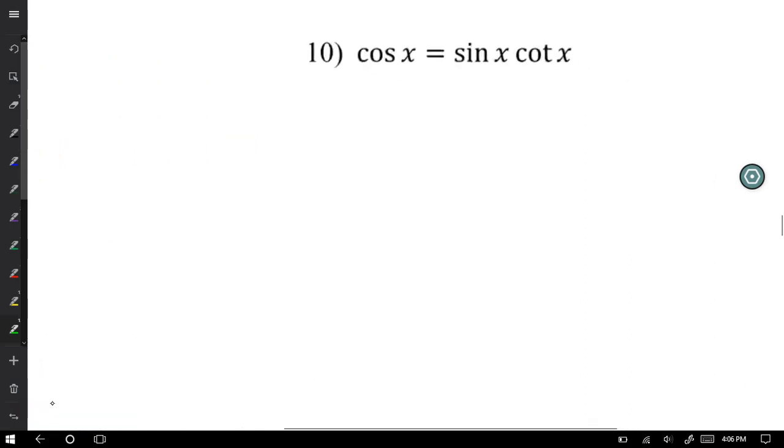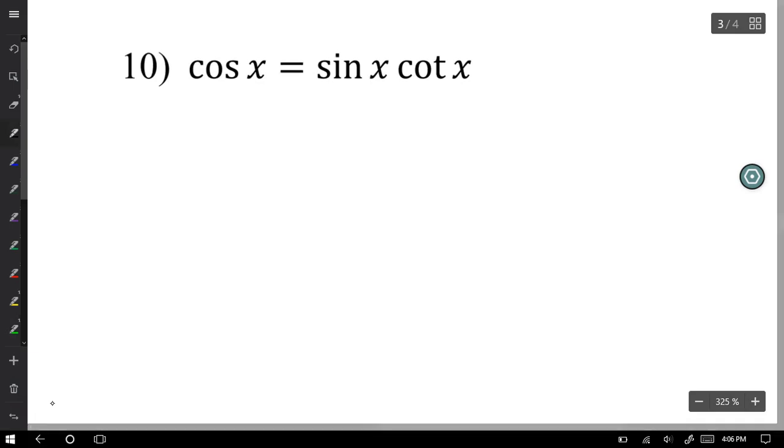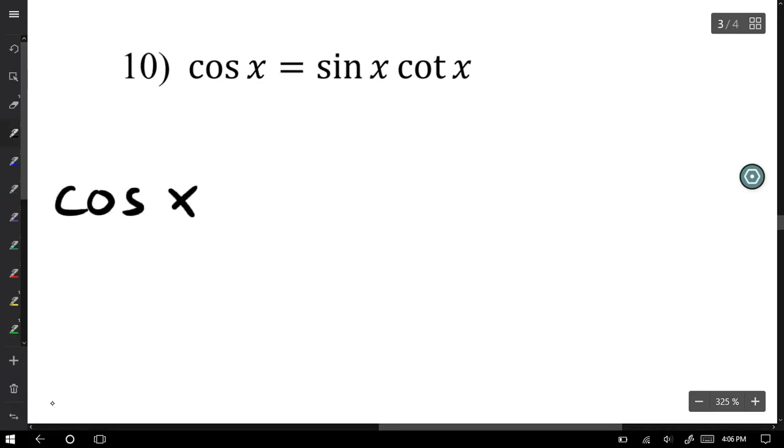Number 10. Hopefully you recognize, keep the left side because it's cosine of x, which again tells me I want cosines, but the fact that this is a cotangent should bother you because they're not the same. So I'll keep sine for right now.